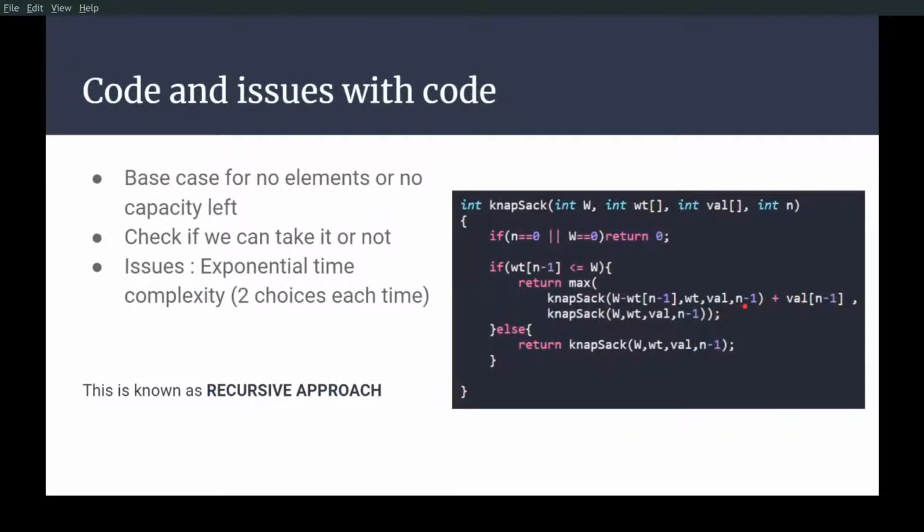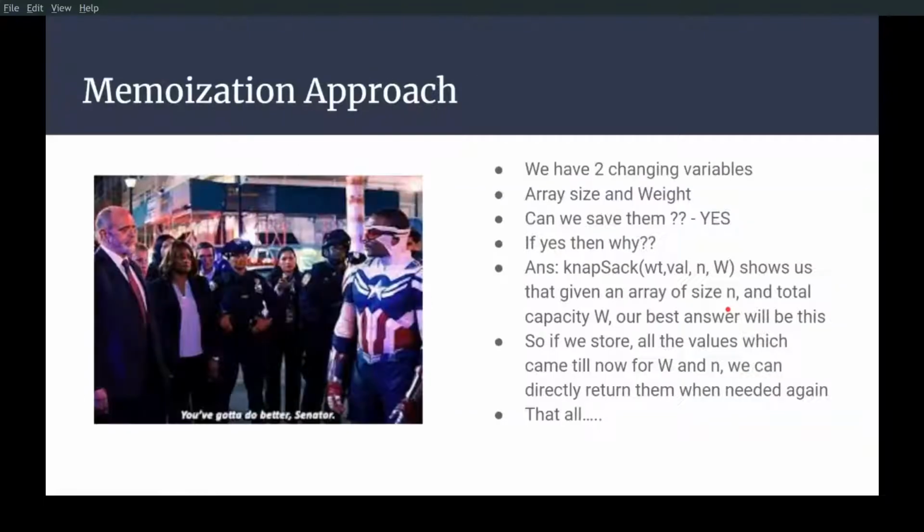Two variables changing means either my number of elements is changing or my total weight is changing. So don't you think I can just store whatever I have found? I mean, we can save them, right? In some data structure, I have saved all the possible answers that I can have.